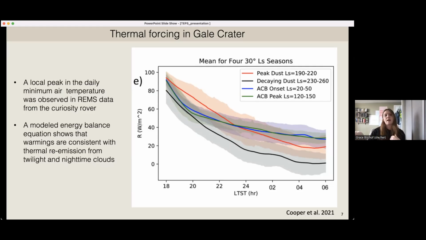They were looking into what is causing this local peak, and they were able to show that this small increase in daily minimum air temperatures is due to thermal re-emission from twilight and nighttime clouds. When you look at this figure here, during the ACB onset and peak, the amount of energy coming down from the atmosphere is more than when there are no clouds during the dust peak and the dust onset.